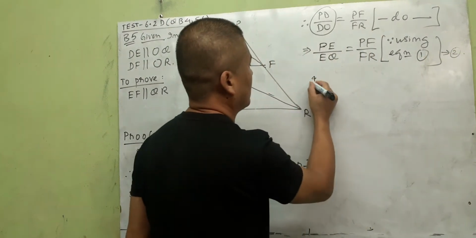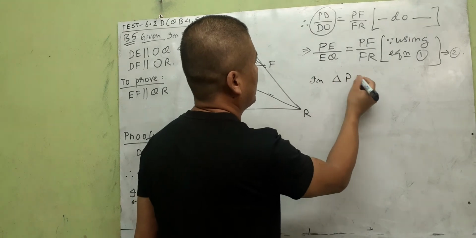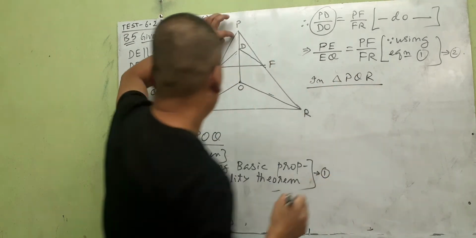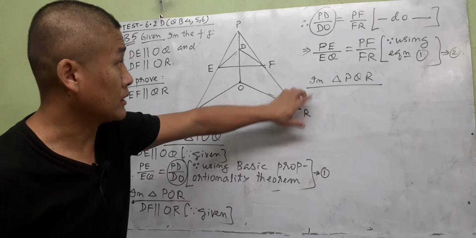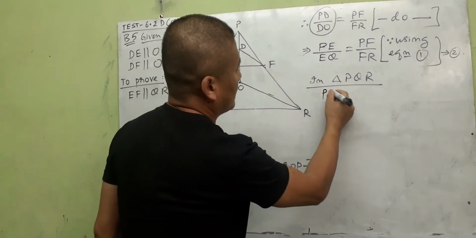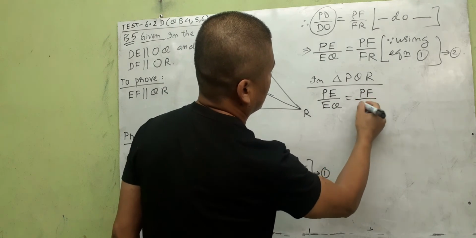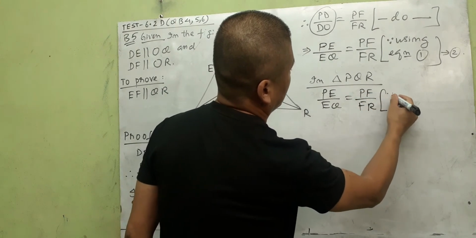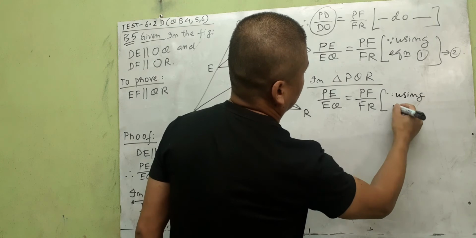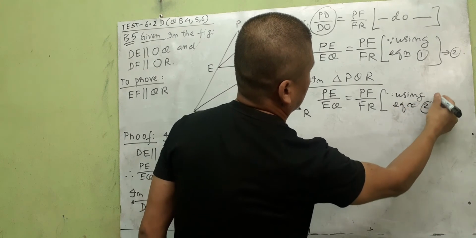So here in triangle PQR, the big one, now we can see PE by EQ equal to PF by FR, as we know by using equation number 2.